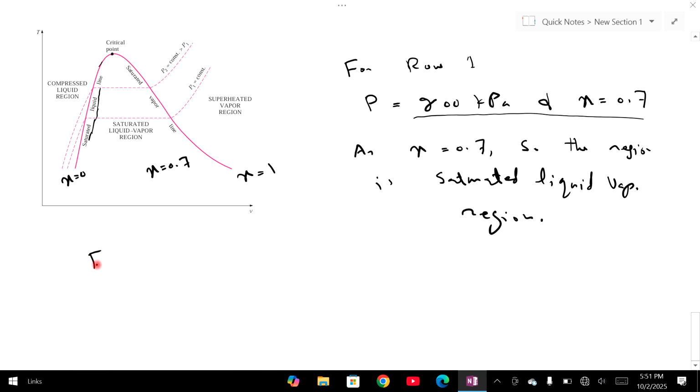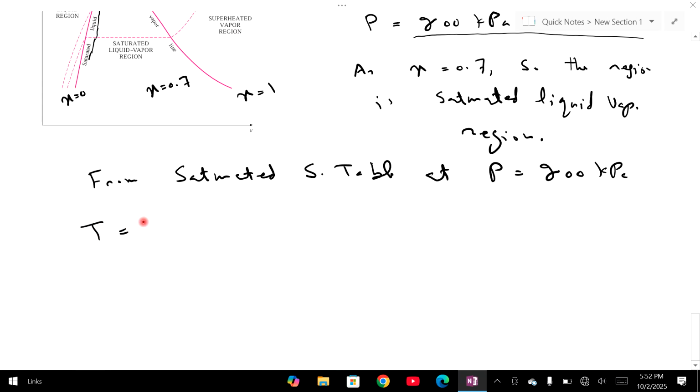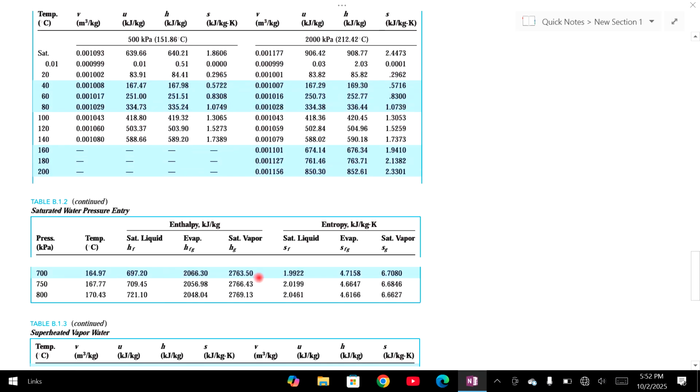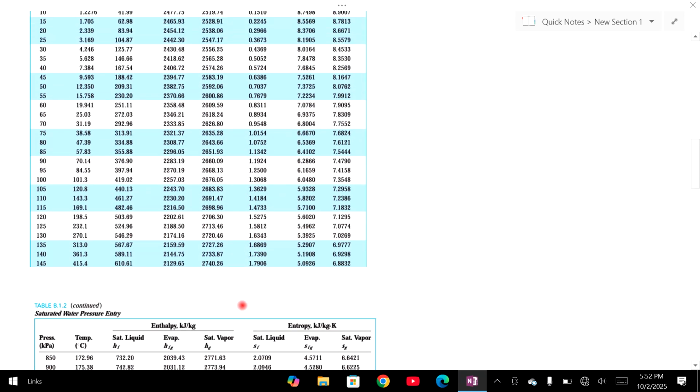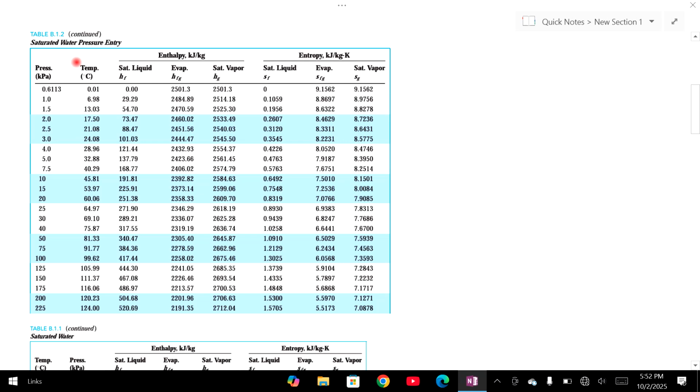So from the saturated steam table at pressure equal to 200 kilopascal, the temperature we get is the saturation temperature, and we find hf and hg for enthalpy. Checking the saturated water steam table, this is pressure, and this is 200 kilopascal.